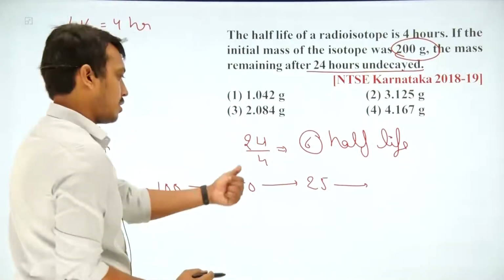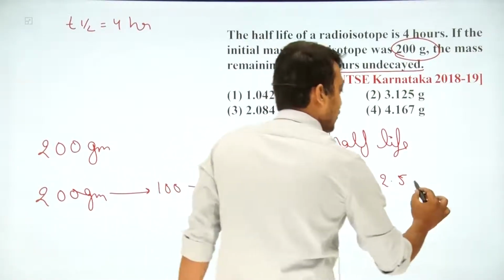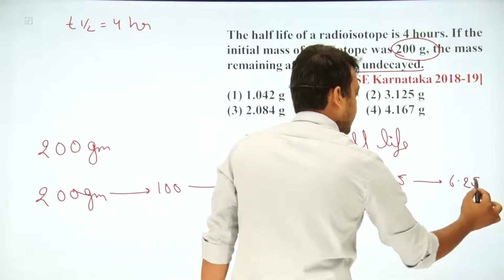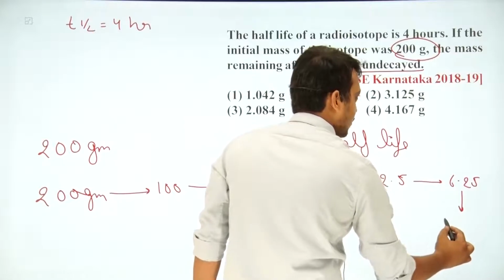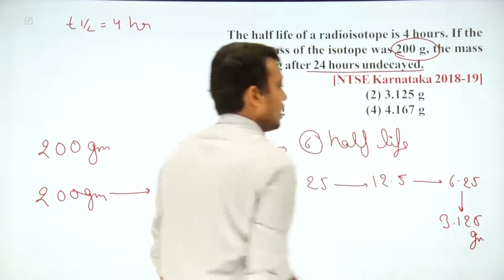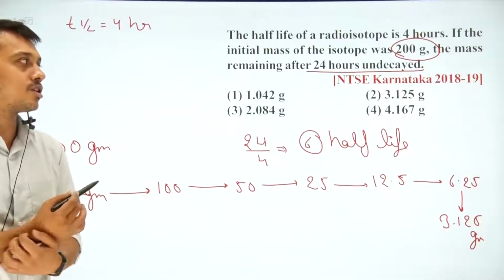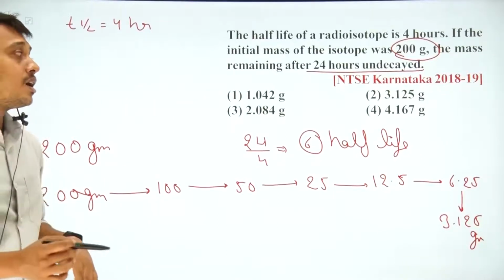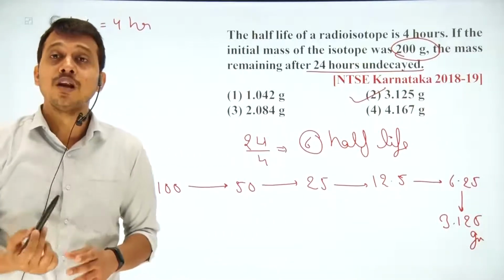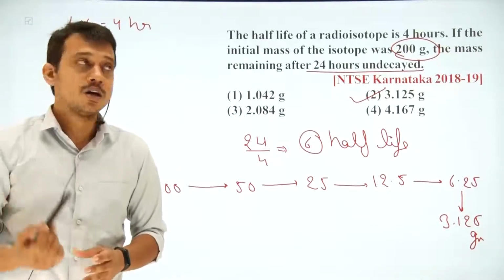Fourth half-life is 12.5 gram. Fifth half-life it is 6.25 gram, and after sixth half-life it is 3.125 gram. Clear? So after 24 hours 3.125 gram of the radioactive isotope will remain undecayed. So the correct option for this question is option number 2.